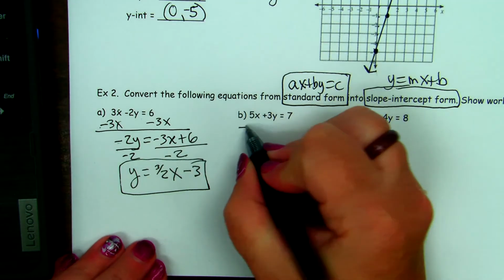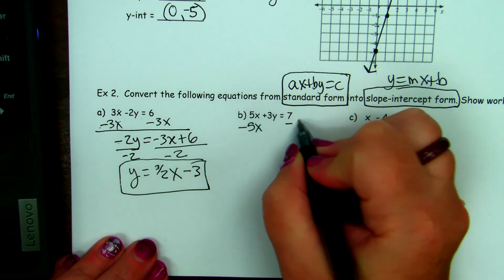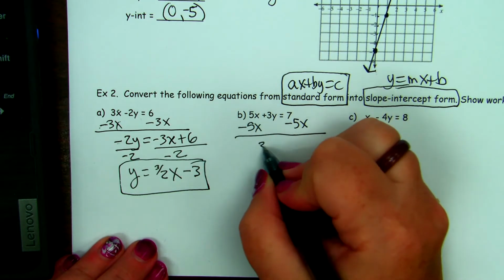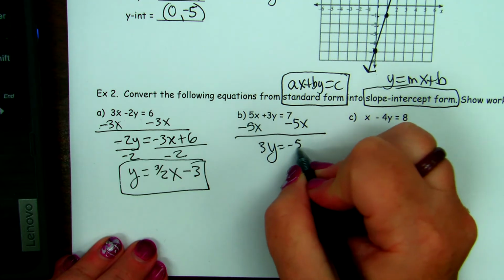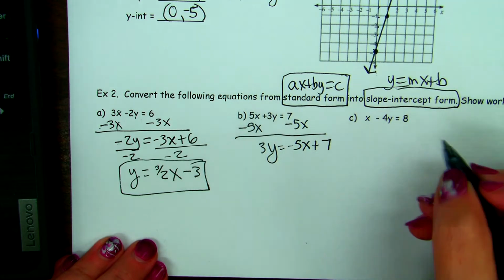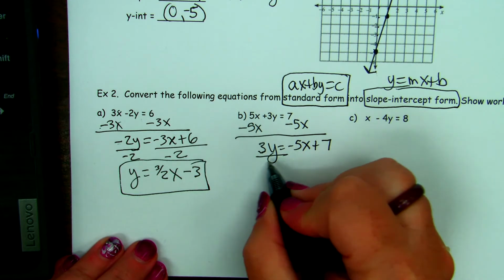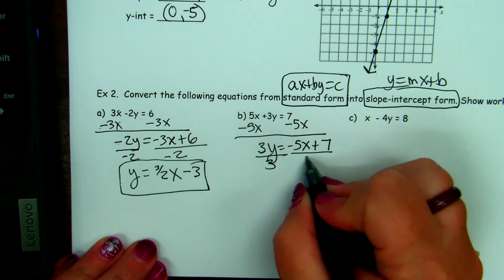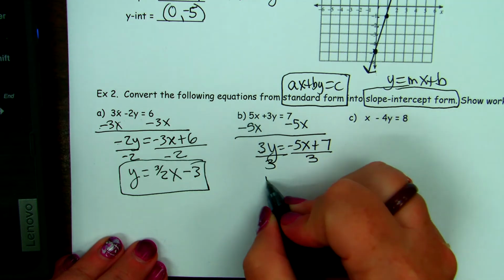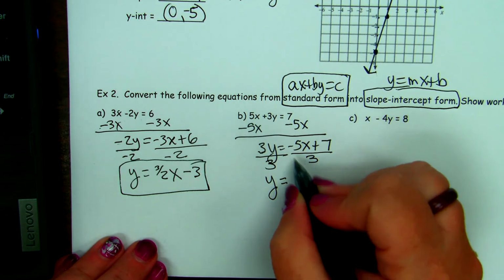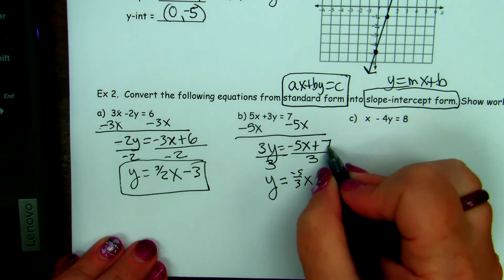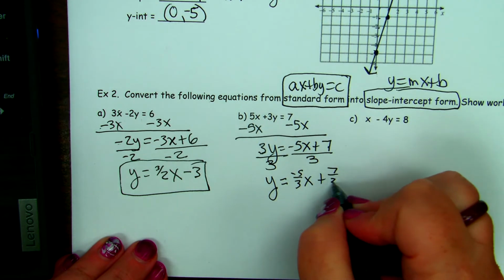So we subtract 5x because we want y by itself. These cancel. We get 3y equals negative 5x plus 7. And we have a 3. So we want to divide by 3 because these are multiplied. And the opposite of multiplication is division. So those cancel. And we get y equals negative 5/3 x plus 7/3.